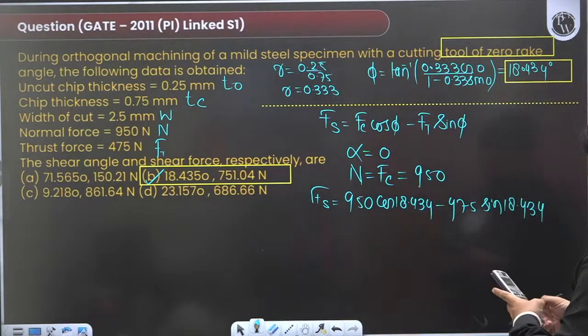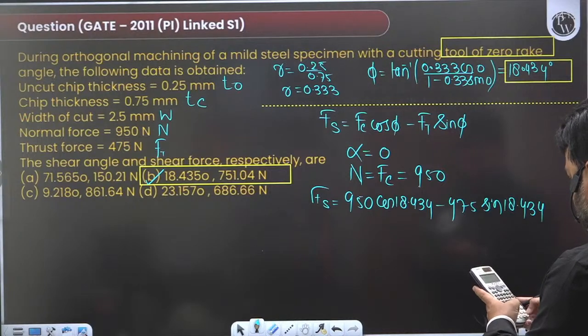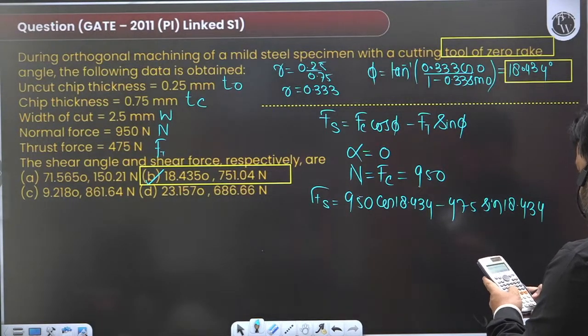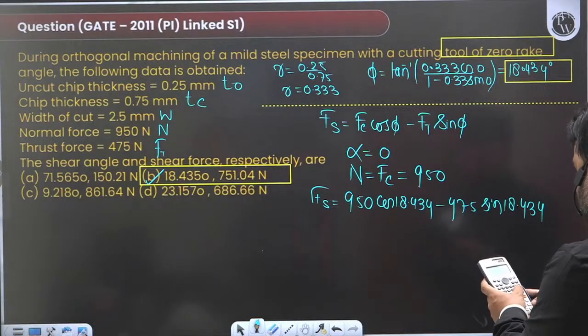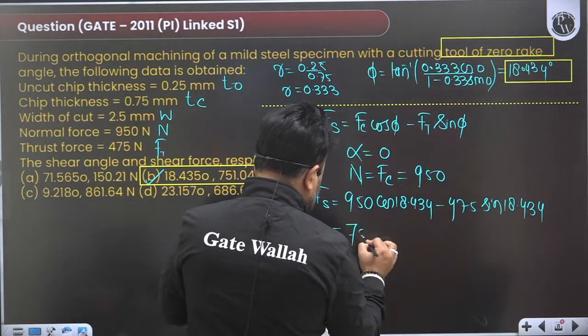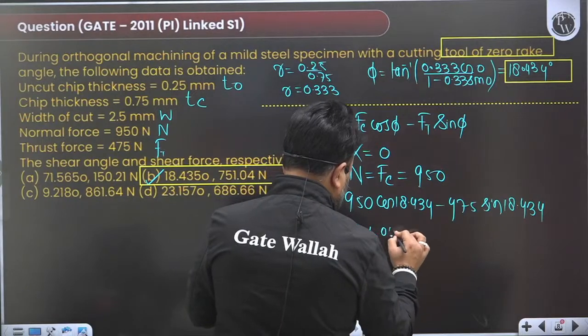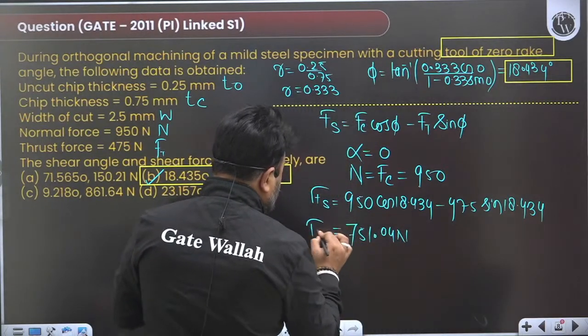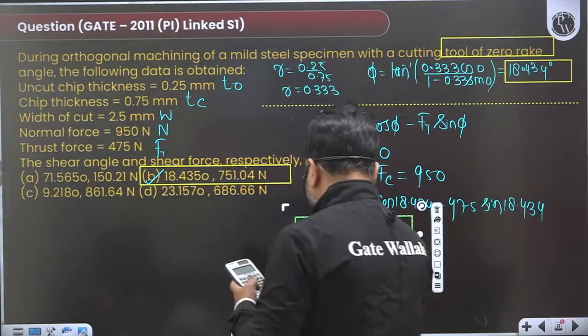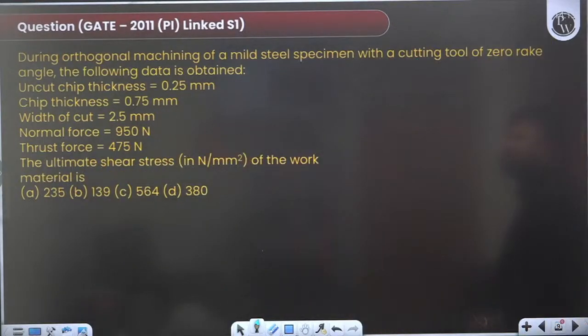So 950 into cos of phi minus 475 into sine of phi. So here comes 751.04 Newton, that is Fs, right? Next question.